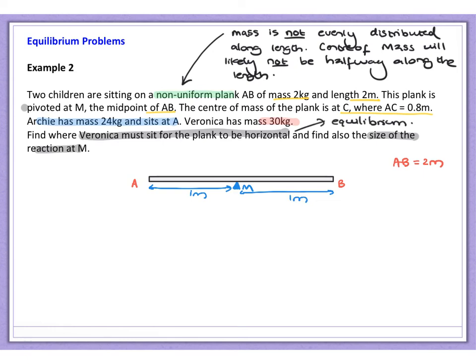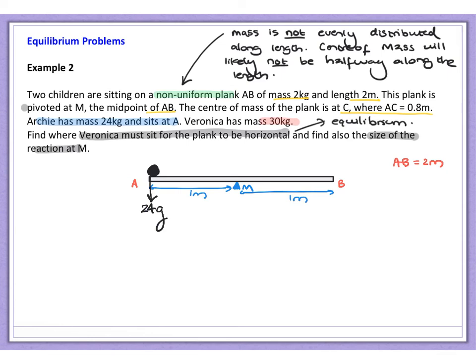Now, what else do we know? We know that Archie has a mass of 24 kilograms and sits at A. So here's Archie, and this means there's a force, which is Archie's weight, of 24g at point A.